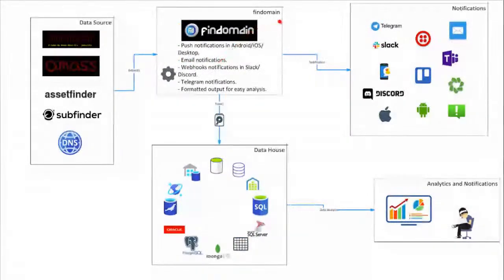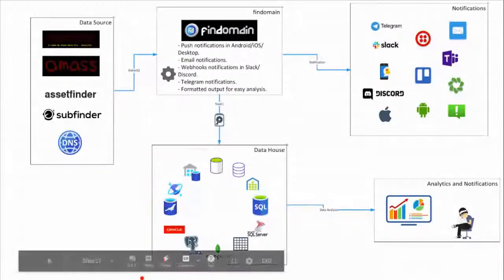Findomain stores the subdomains in a database. Let's say we are using PostgreSQL. It stores the subdomains in a database, and we configure Findomain to run as a cron job, let's say every 12 hours or every 5 hours. I want Findomain to run every 5 hours, and I have connected my Findomain with my Discord webhook.